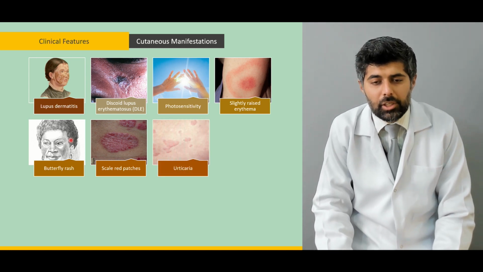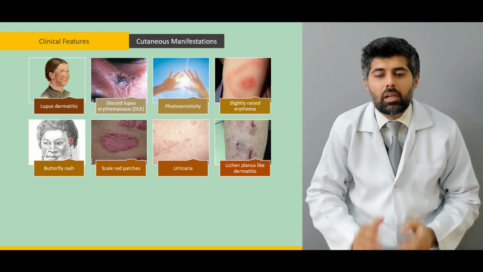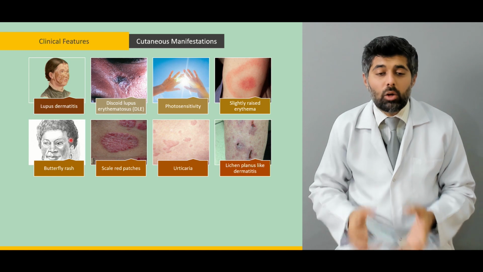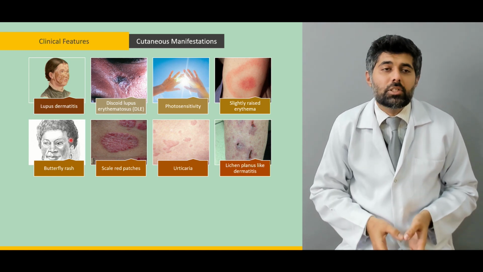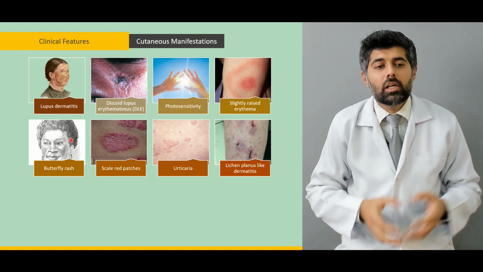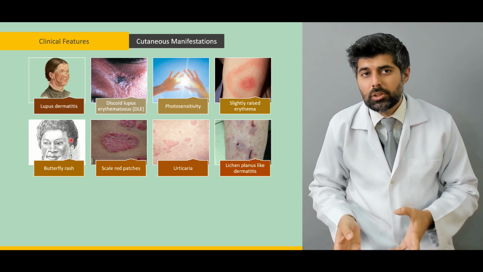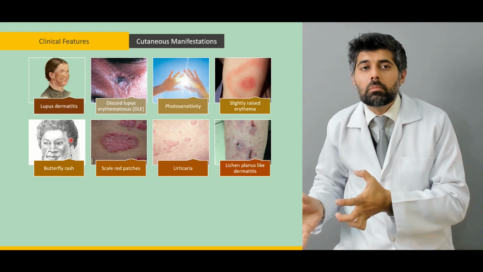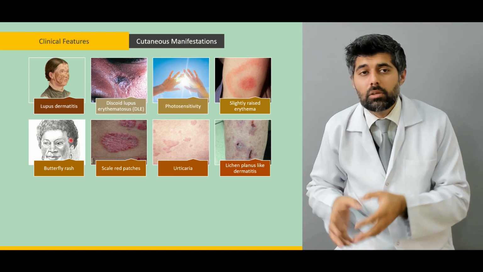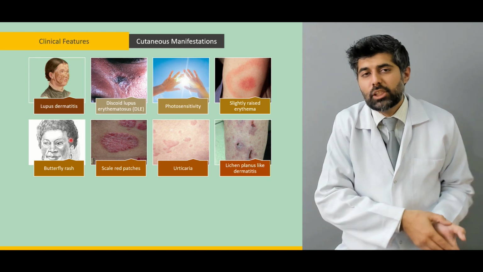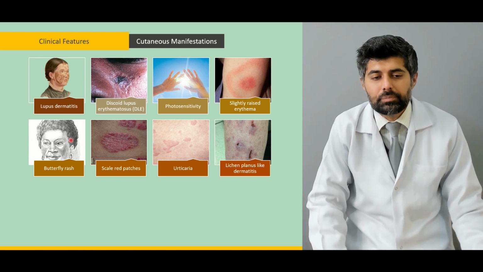Then we have urticaria and lichen planus-like dermatitis. Both of these, along with scaly patches, are only present in either lupus dermatitis or discoid lupus. So they come not in isolation but as part of the manifestation of SLE.